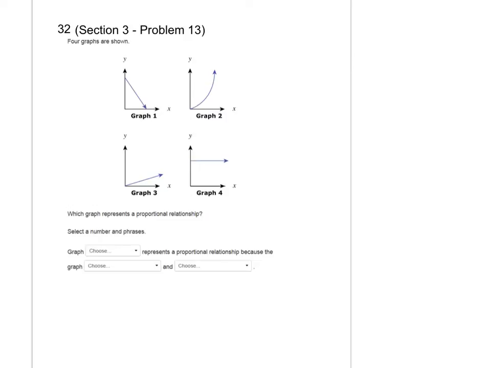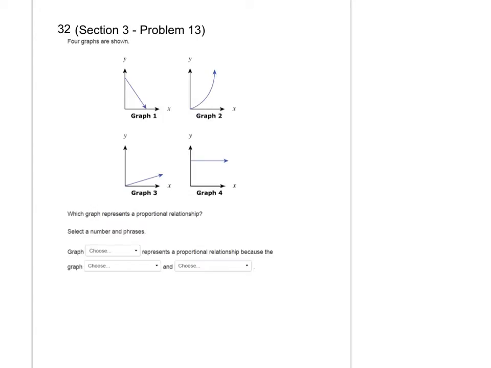This question asks us to select the graph that represents a proportional relationship and say why it does. So this is really getting at, do you know what a proportional relationship is or not? The first thing when looking at it, it's hard to narrow down which graph, like you can't quite X off one or the other, but you gotta look at it and see.